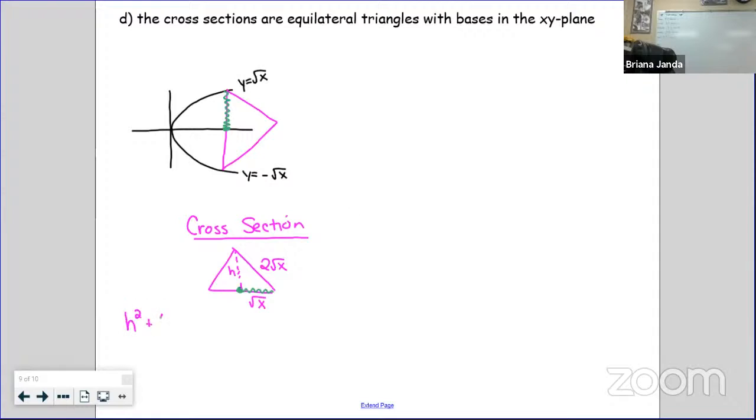Height squared plus square root of x squared equals our hypotenuse squared. So we get our height squared equals 3x, or that our height is the square root of 3x.